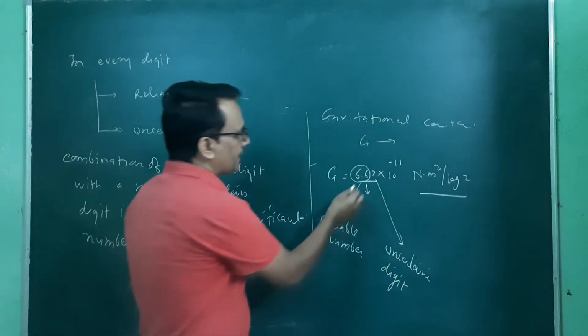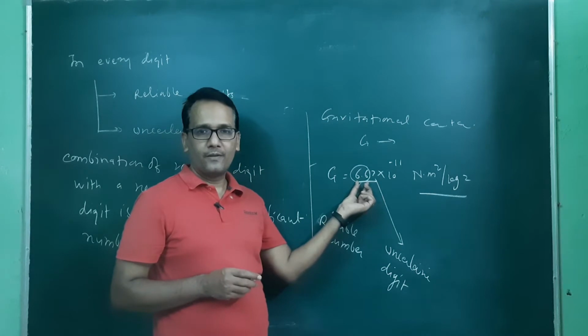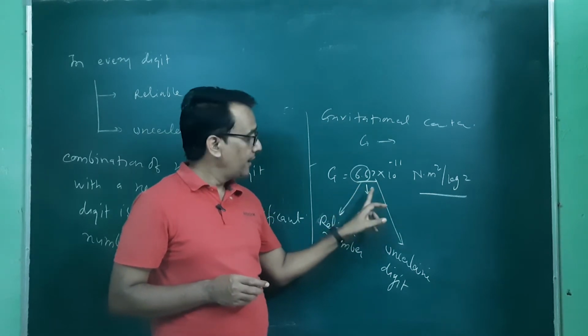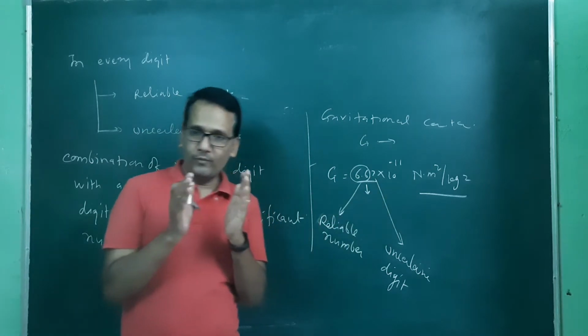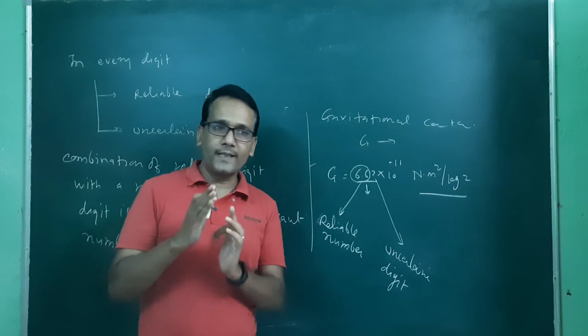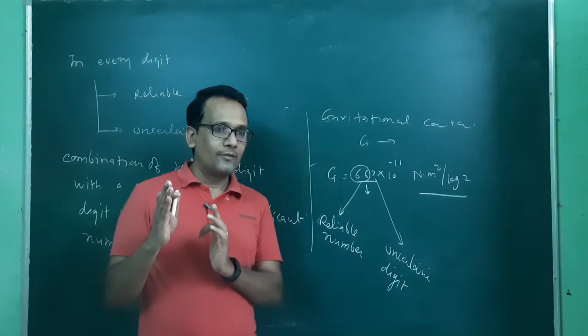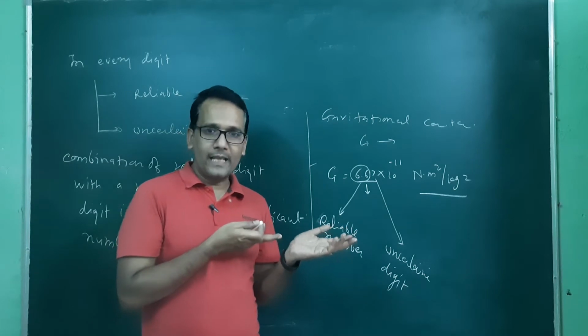So in this example, the reliable numbers are 6 and 6, and one uncertain digit. Why is this uncertain? Because somewhere it may be written as 6.669, so that is unreliable. It's not 7, maybe less than 7.